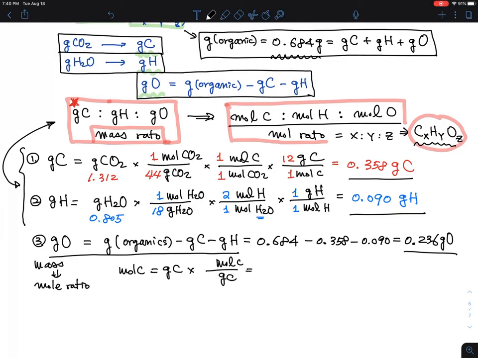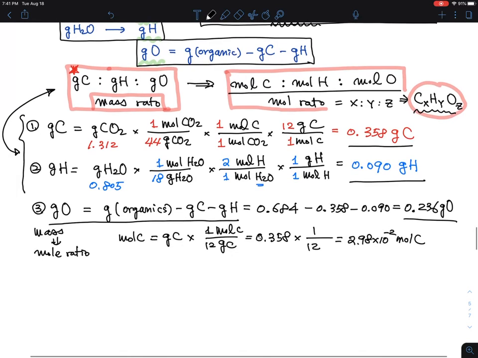So this will give me 0.358 multiplied by 1 mole per 12 grams, so 1/12, and that is something like 2.98 times 10 to the minus 2 moles of carbon. Okay, that is the first one.